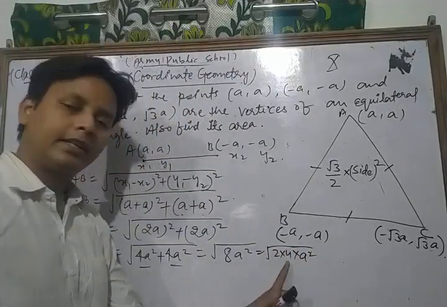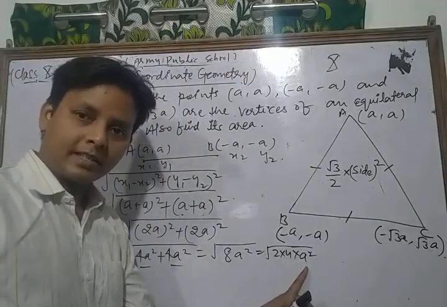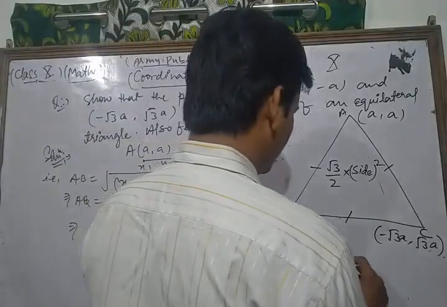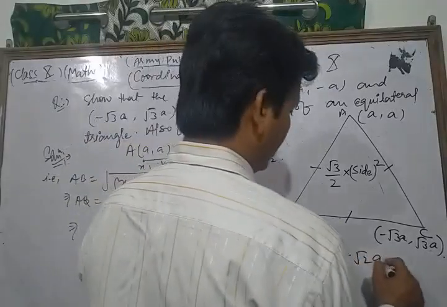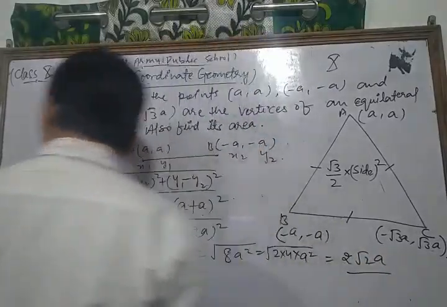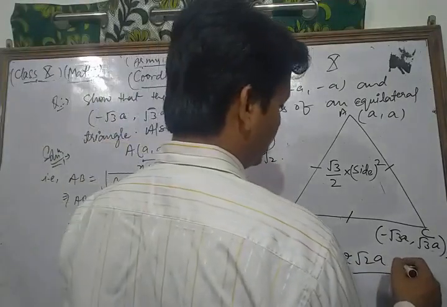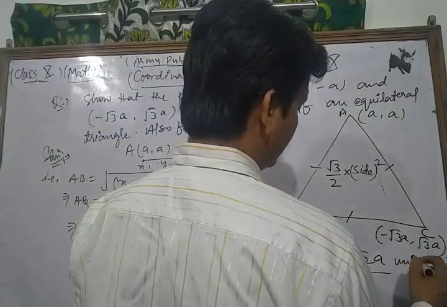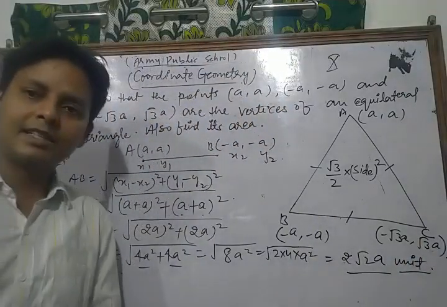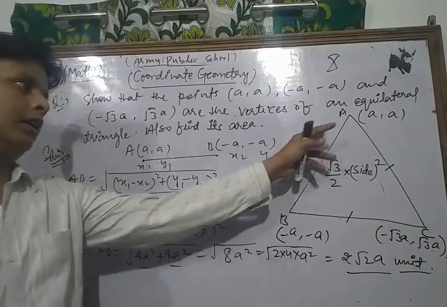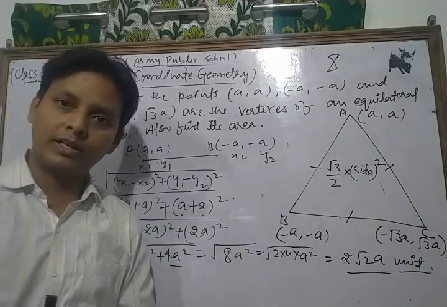Taking 4 out as 2 and a square out as a, 2 under root 2 is left, and a is also common out. So the length of AB is 2√2 a units. This is the length of AB.